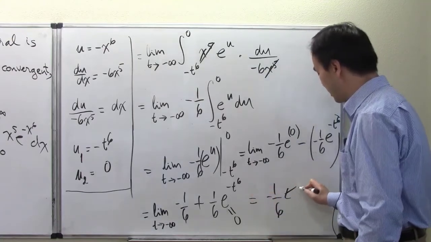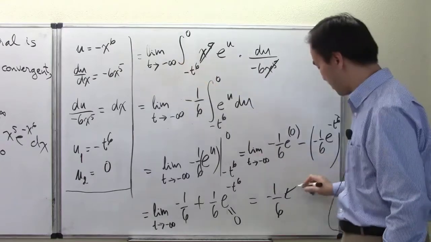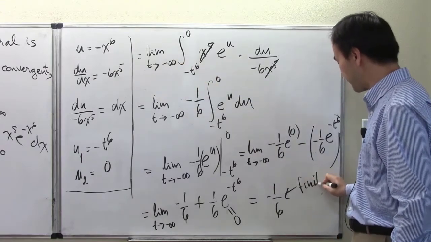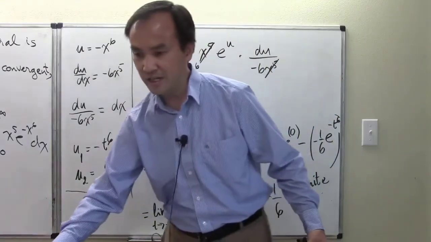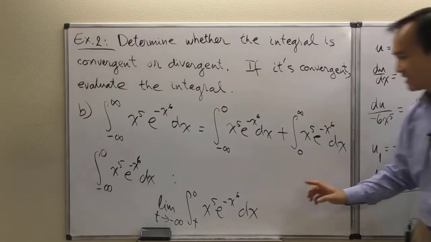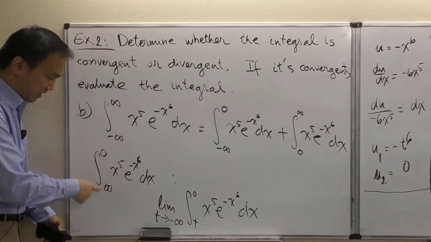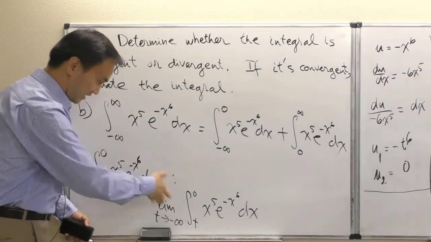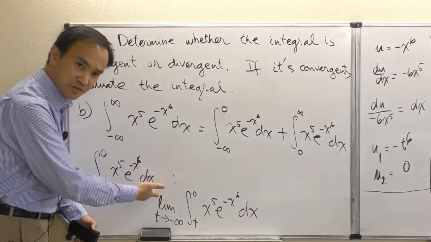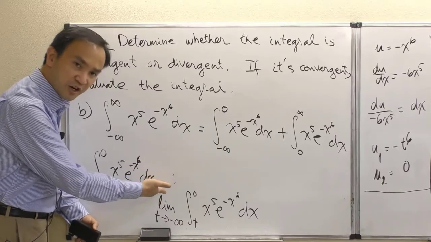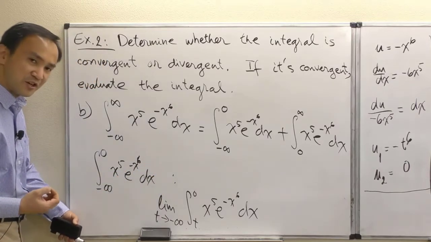This value here on this particular limit problem is finite. Okay, or in other words, this separate improper integral has a convergent answer right here. It is a convergent improper integral.